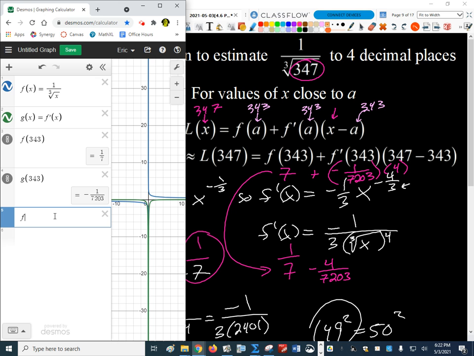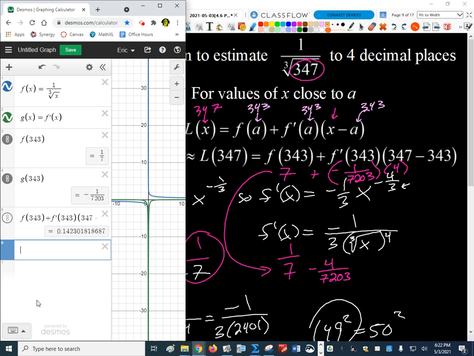But our linearization is f of 343 plus f prime of 343 times 347 minus 343, which we know is just 4. And there's our estimate, our linearization, 0.1423. Let's just see what the actual answer is.